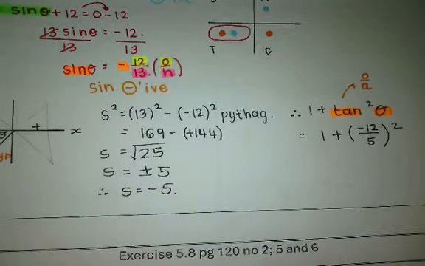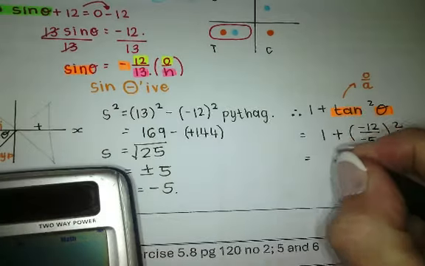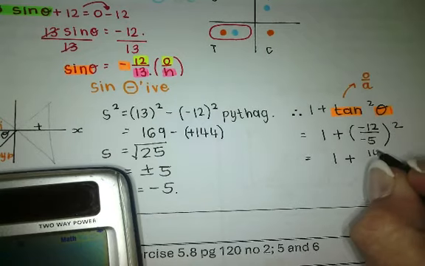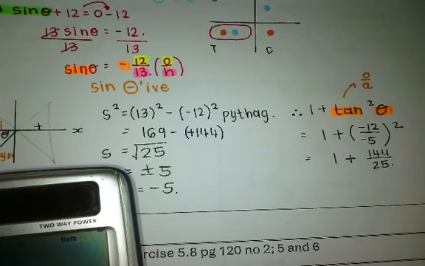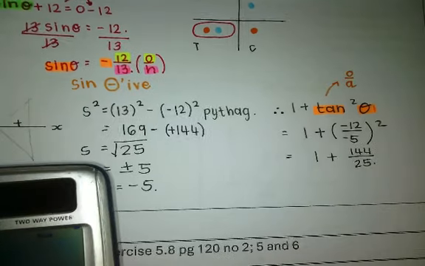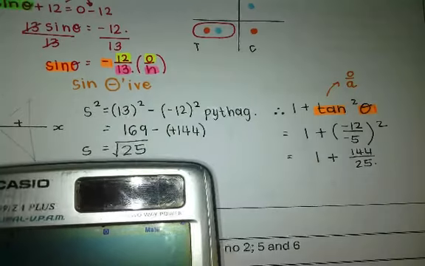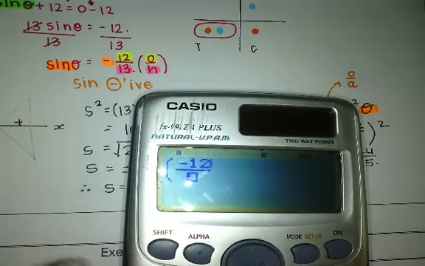Ma'am, it says without the use of a calculator, so all you'll do is go do it step by step. So this is going to be 1 plus 144 over 25. Ma'am, what happened to the negative 5 squared?